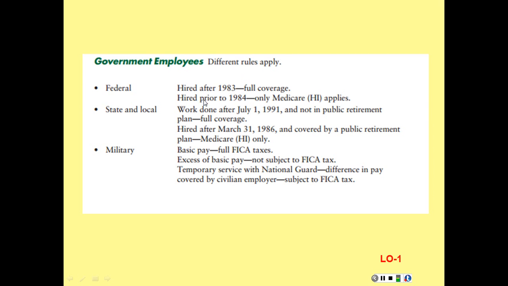Hired prior to 84, only the health insurance Medicare applied, not the Social Security piece. So that's a bit of complexity. So you can find federal employees that are not under the Social Security system. They're under a federal retirement system. And then you can find employees that are under the Social Security system.